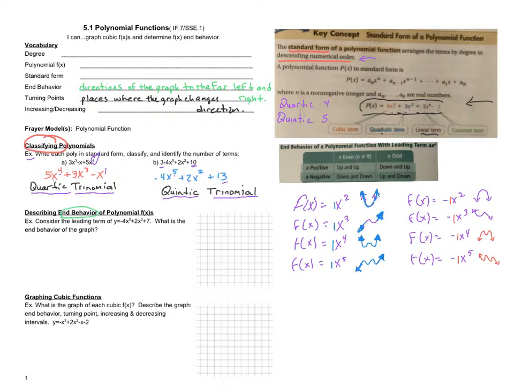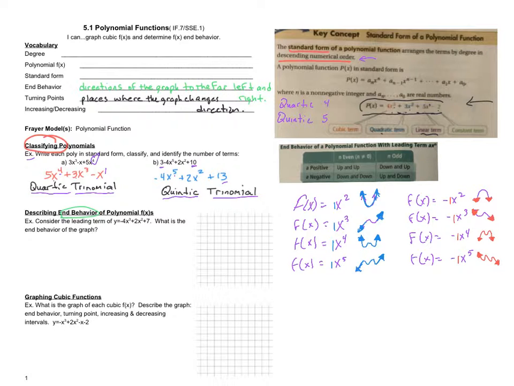And then as we have a negative a value, looking to the negatives here, we see that we have the parabola opening downward, down, down, and then we have the cubic function opening up, down, and then we have the x to the fourth, the quartic, opening down, down, and then the x to the fifth is going up, down.